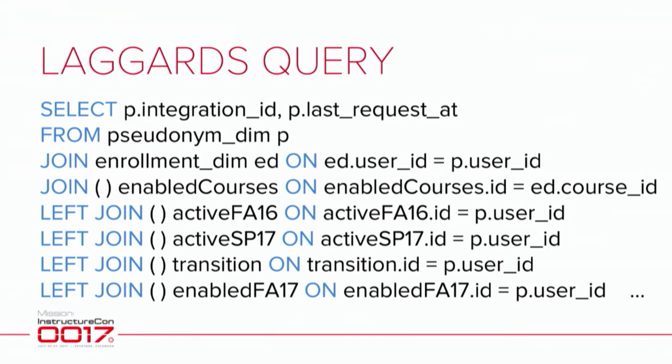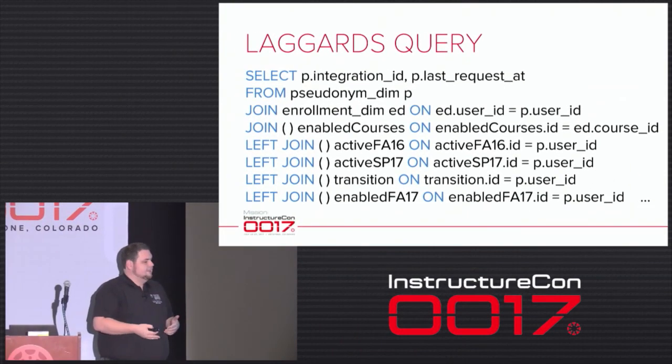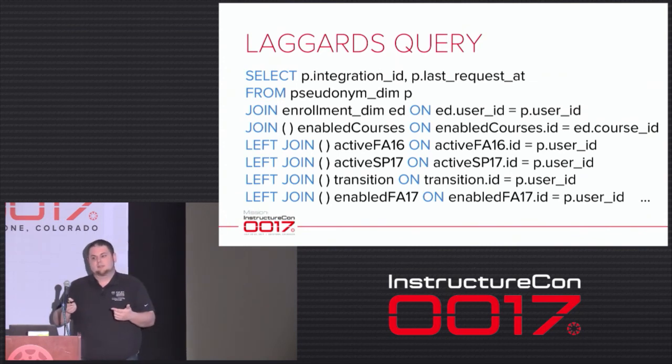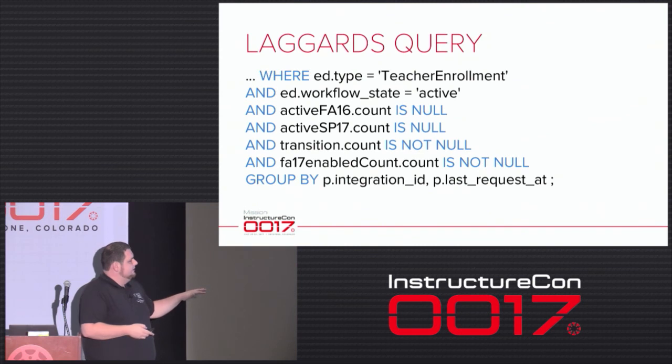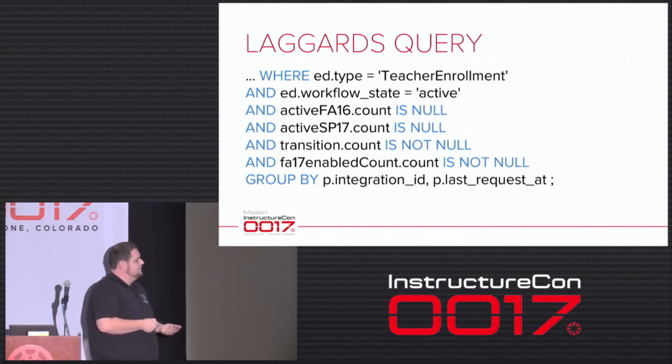One, the transition subquery, looks at fall 2016 and spring 2017, and enabled fall 2017, that's the one that tells me they're teaching in the upcoming semester. And we find that by specifying the right fields in the where statements, that their enrollment type, again, is teacher enrollment, that it's an active enrollment, and then for the first 2, that the subqueries in the activity tables have null values.